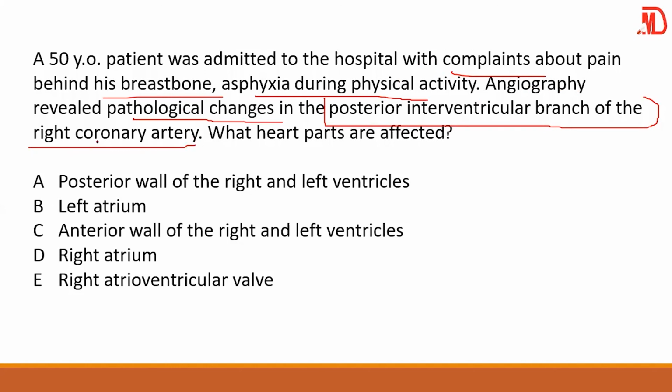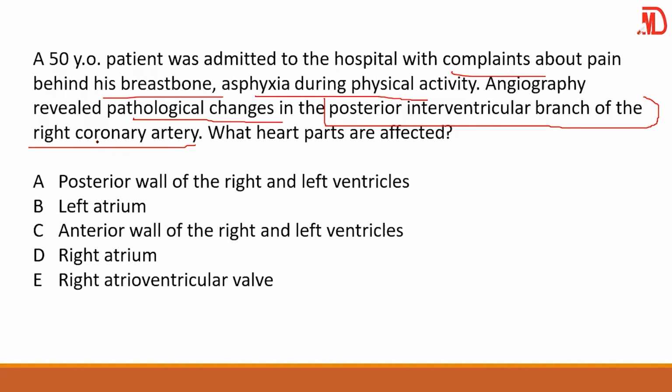Guys, we know that the coronary artery is what supplies the heart. I can't overemphasize this. But over here, it's a specific part of the heart. They said the posterior interventricular branch of the right coronary artery. What part of the heart is affected? Here we are looking at the posterior wall. The posterior wall of the ventricles is affected.